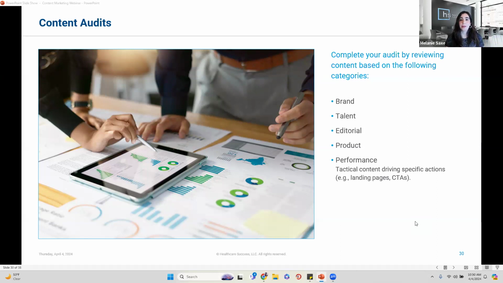You've got editorial, you've got product, so products and service pages, and then the performance pages that we just talked about. So when you do your audit within these categories, this is when you also review the same categories for your competitors. You do the same audit with your competitors, and then you compare and see where your gaps are and where you can improve.